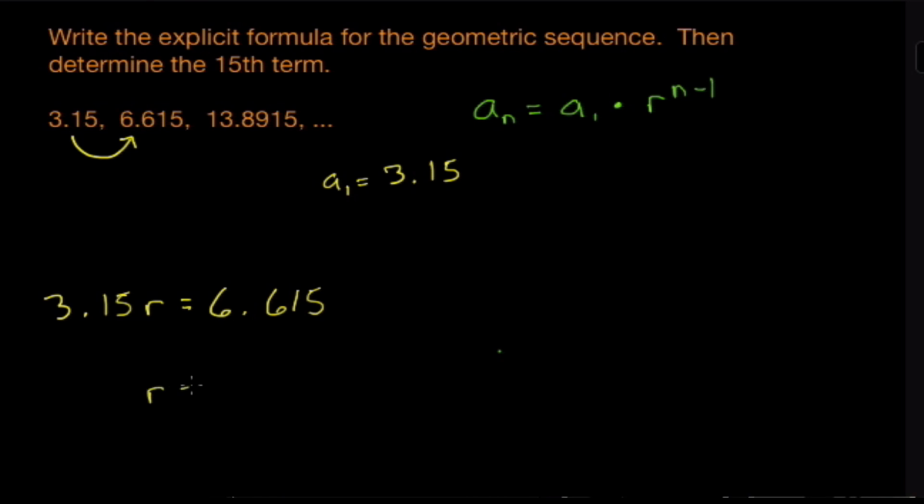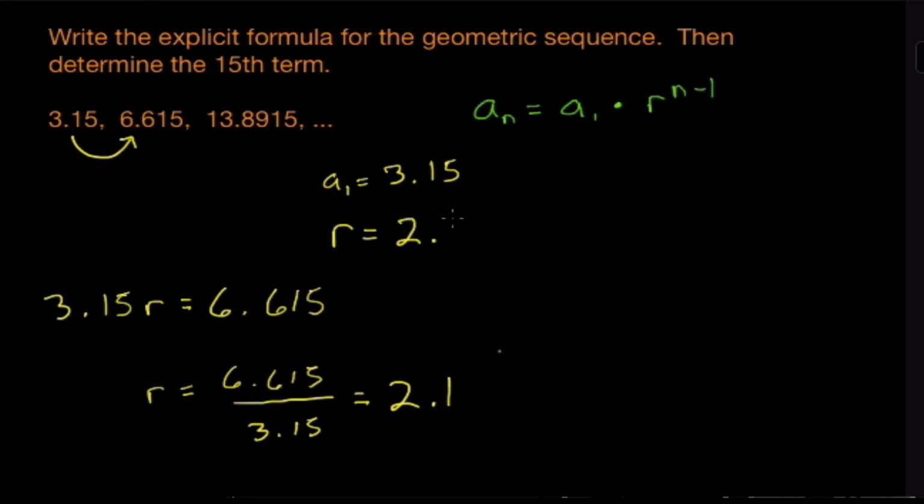And that's how we get this fraction, 6.615 over 3.15. Now, at times we're just going to have to keep it as a fraction like this, but if you plug that into your calculator, let's see what we get. And we get a nice decimal, 2.1. Very nice. So our common ratio is just going to be 2.1.